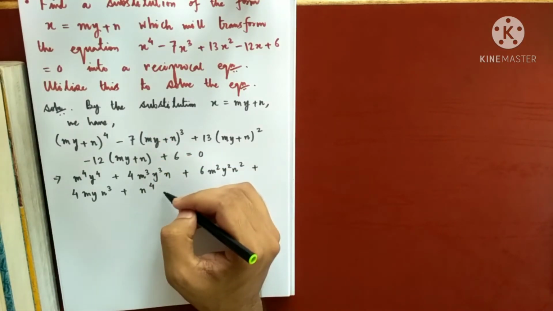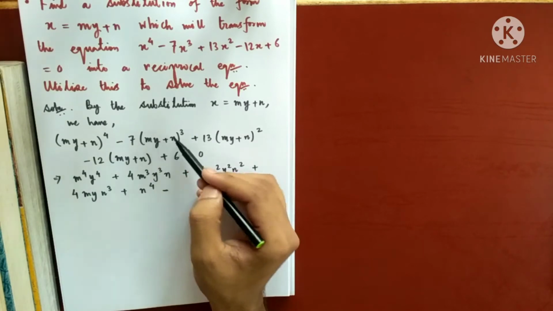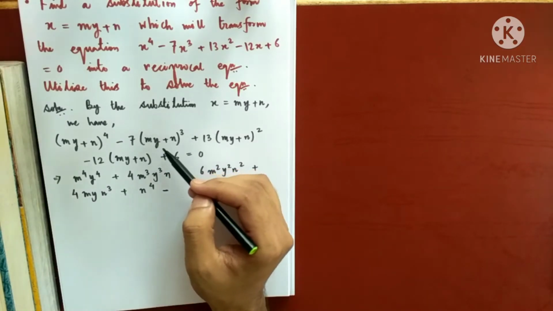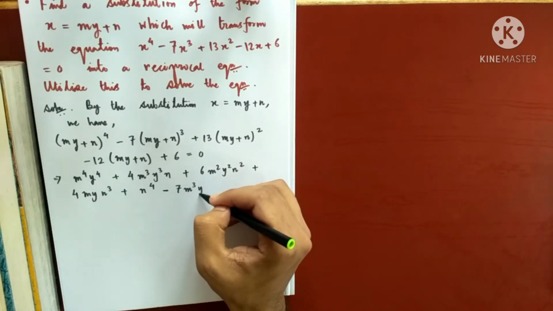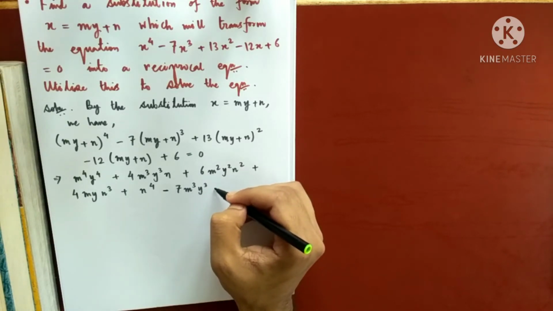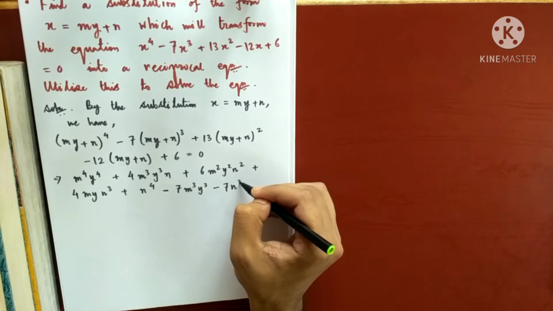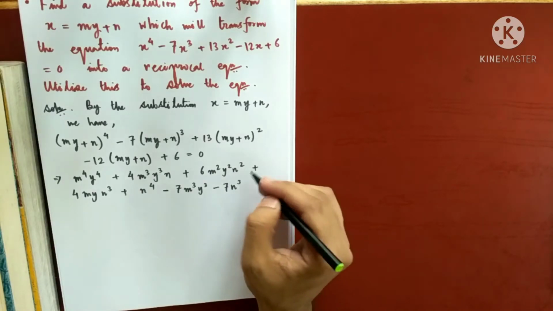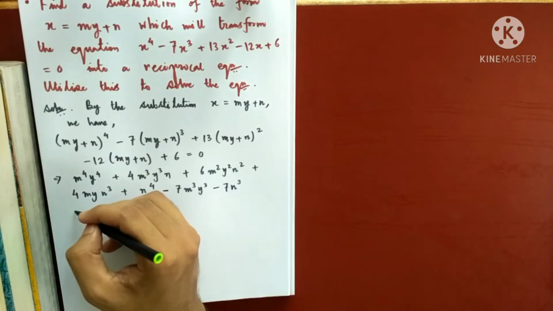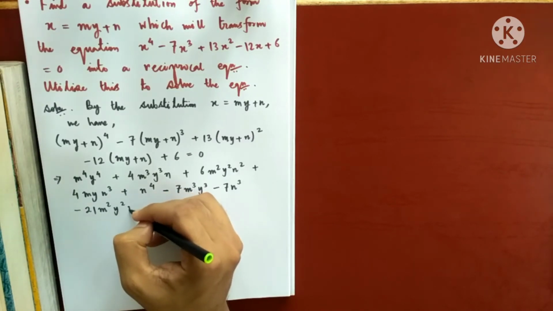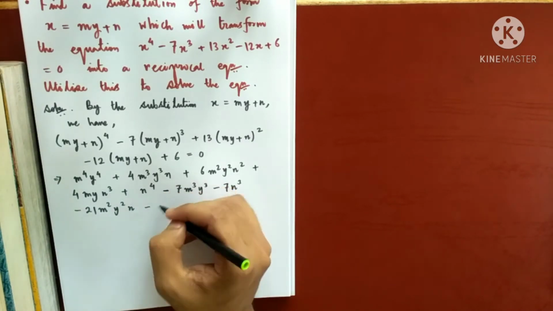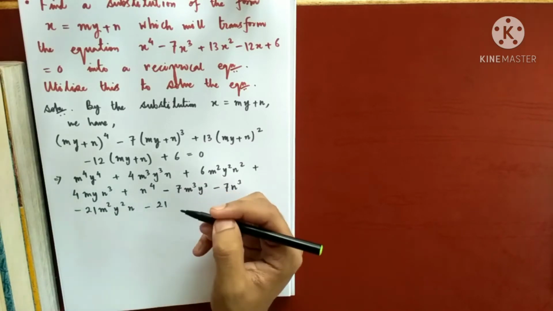Let's simplify this again. You have to open this and multiply this with minus 7. So a plus b whole cube, it is a cube. This will go with minus, again plus b cube, that is again minus 7n cube, plus 3a square b, so plus 3, that means minus 21 a square b, plus 3ab square.